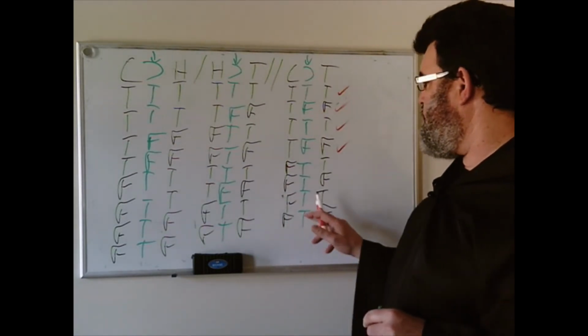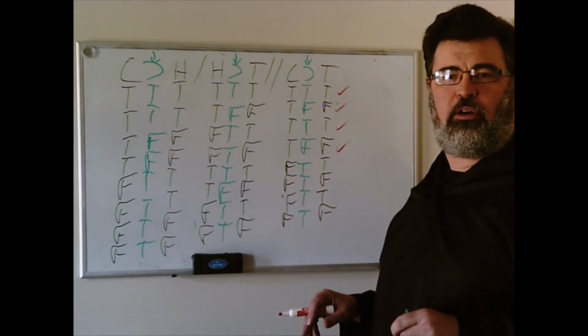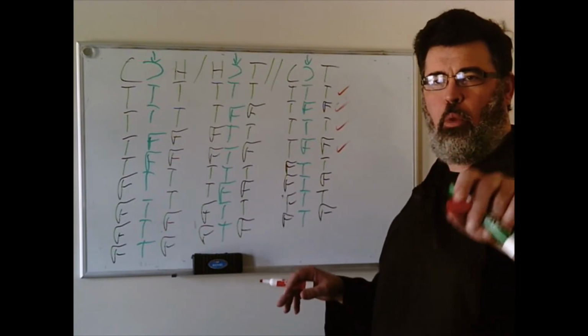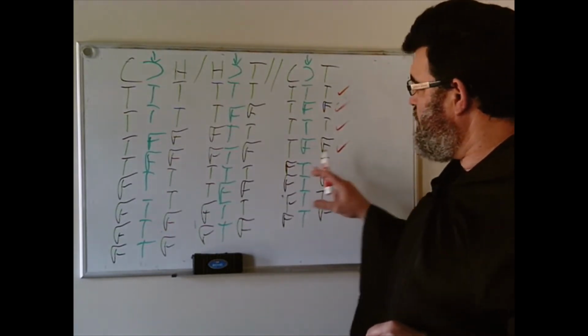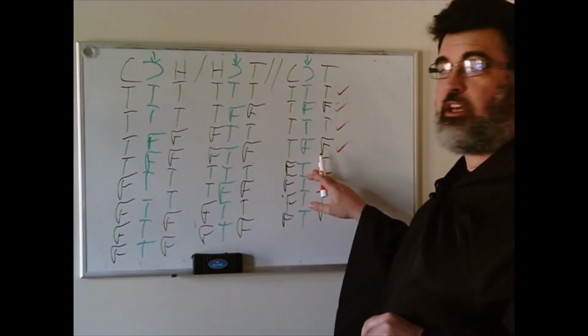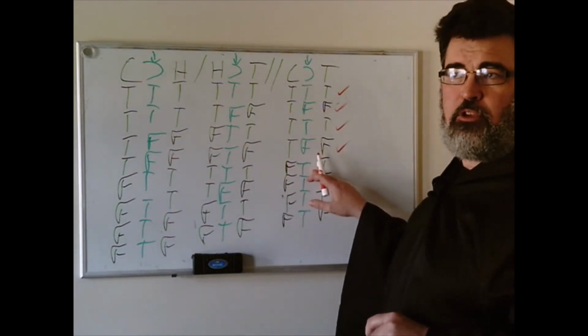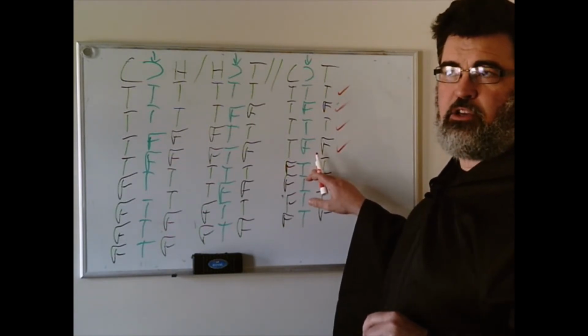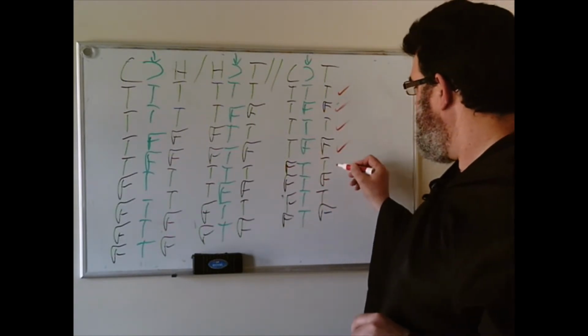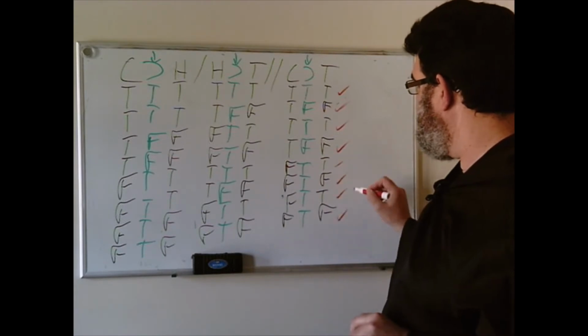So, I'm sorry, all the premises, I got that all backwards. Here, rewind. In order for it to be invalid, all the premises have to be true, and the conclusion has to be false. So, if the conclusion is true, well, there's nothing more to do. And so, I check all of those rows off.